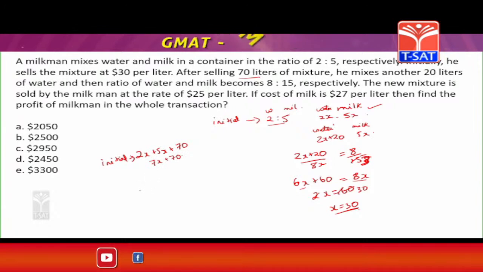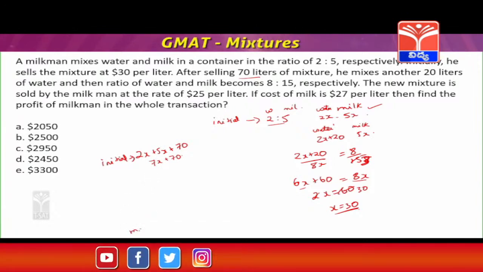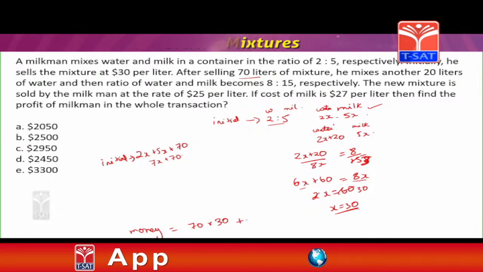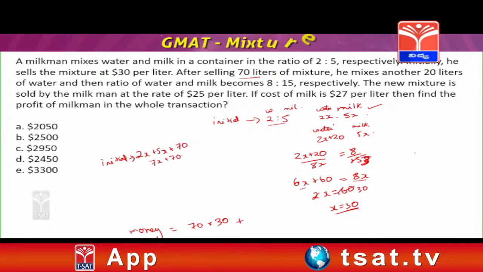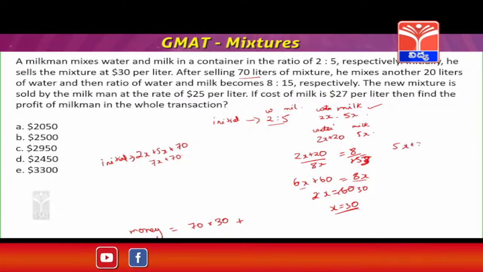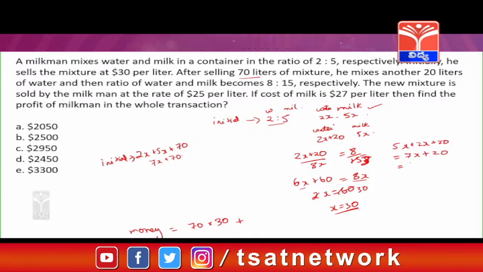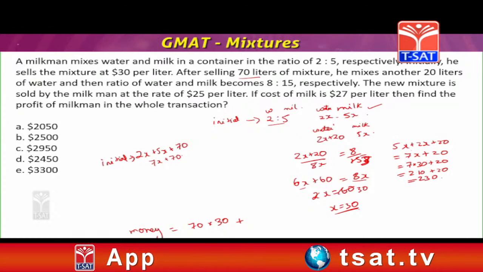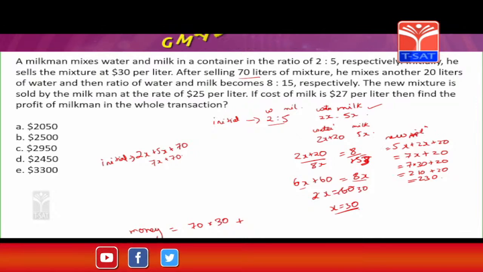So, he sold 70 liters at 30 per liter, and then he came up with a new solution. The new solution was how much? 5x plus 2x plus 20, that will be equal to 7x plus 20, and x is 30, so 7 into 30 plus 20, that is 210 plus 20, that is 230, the new mixture of milk and water.